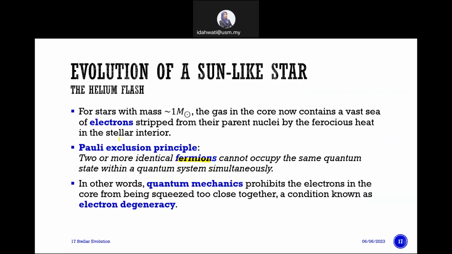So this is the definition of the Pauli exclusion. In other words, quantum mechanics prohibits the electrons in the core from being squeezed too close together. This condition is known as electron degeneracy.